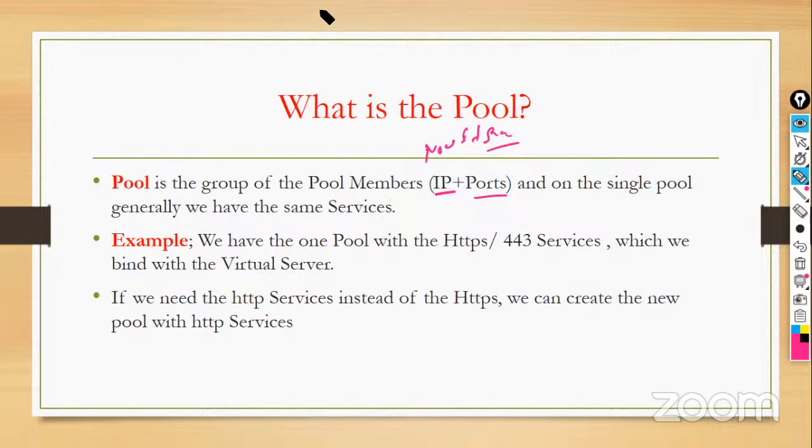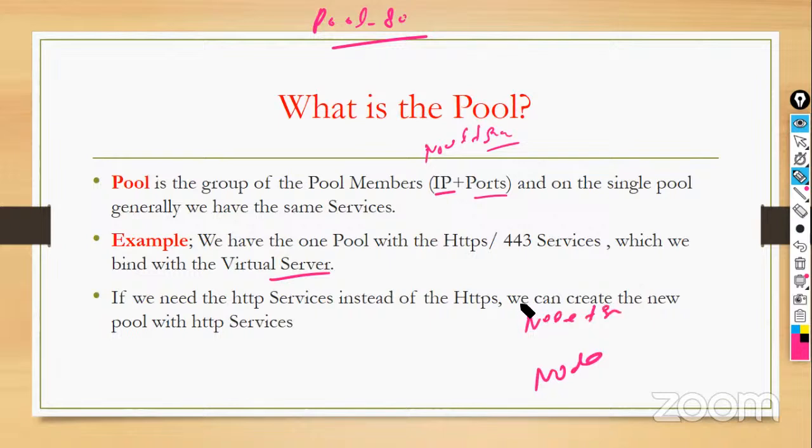So if we are using the pool with the 80 service, generally we are adding only the servers where we have the 80 service, meaning HTTP service, right? For example, we have one pool with HTTPS 443 which we bind with the virtual server. So you see, first the node comes in the picture, then comes node plus service, right?